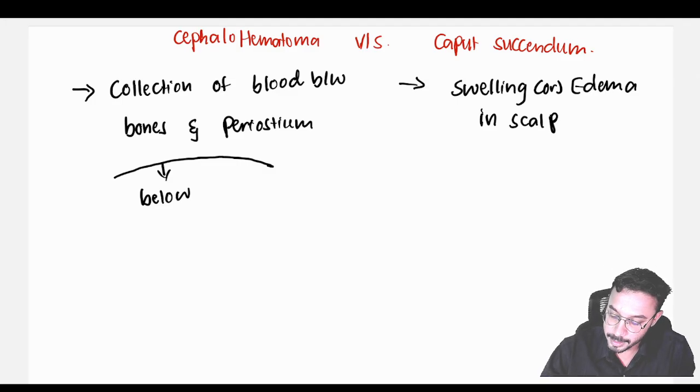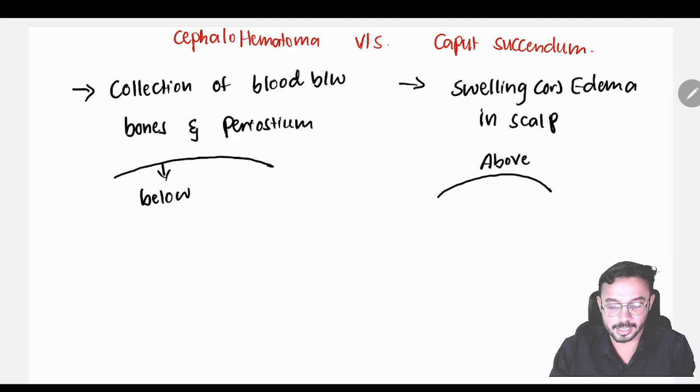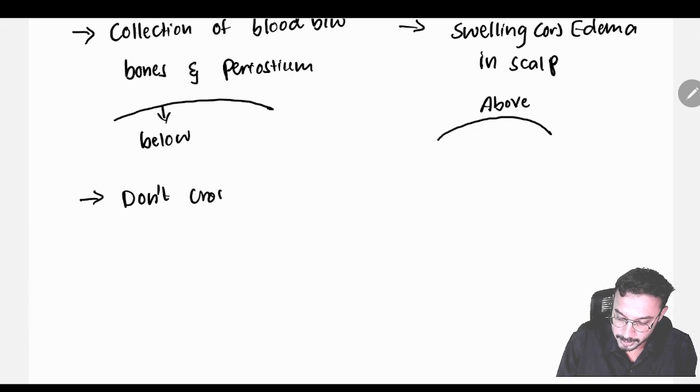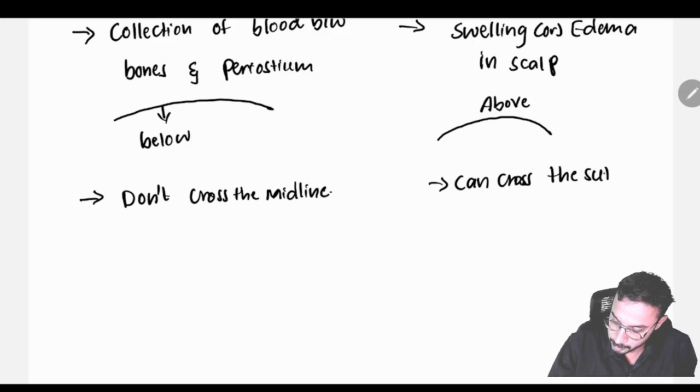Okay, and this is the periosteum, and the swelling will occur above the periosteum, that is caput succedaneum. And here, whether it crosses the midline or not: hematoma, no, it does not cross the midline, or it is also called the suture line. So what about caput? Yes, it can cross the suture line or midline.